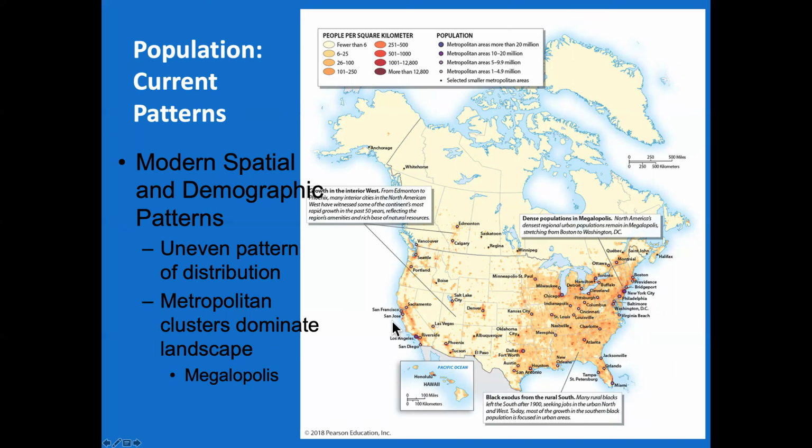In the West, it's a lot more sparse, and the majority of the population clusters are found along the West Coast cities of Seattle, Portland, San Francisco, LA, and San Diego, with a lot of empty or sparsely populated space in that inner mountain west region.